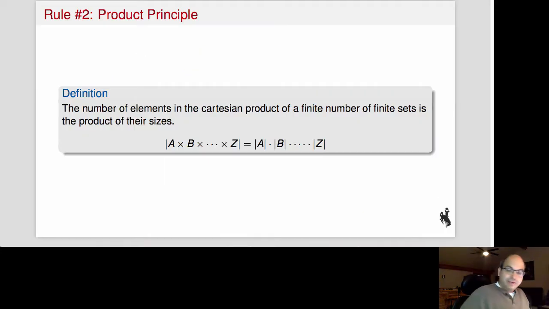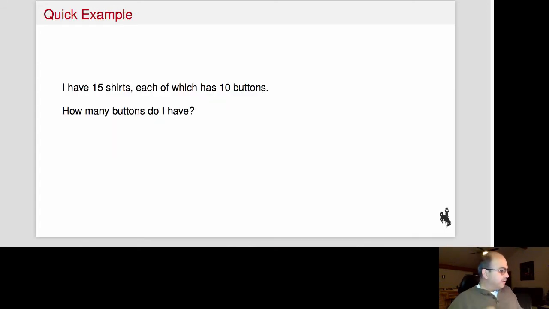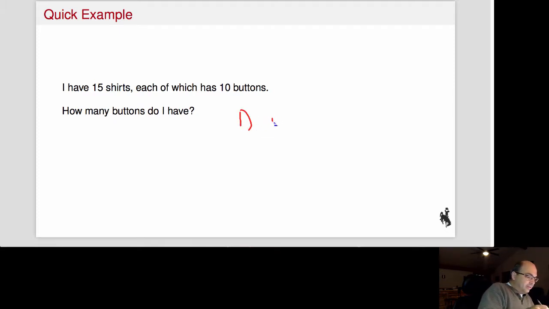And let's see how we can put this into practice. So let's say that I have 15 shirts, and each one of those shirts has 10 buttons. So how many buttons do I have? Well, obviously, I'm going to have my first shirt, and I have 10 buttons on it.